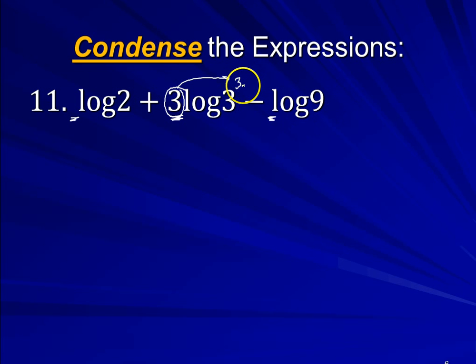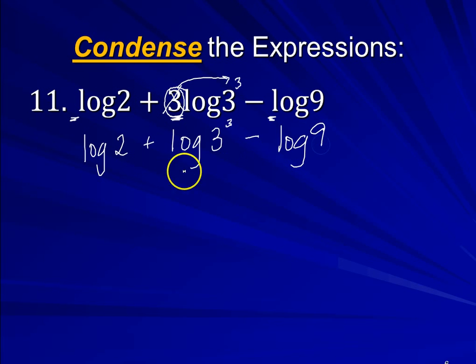So I have to identify where it belongs first, and then I can start combining stuff. So I have log of 2 plus log of 3 cubed minus log of 9. Again, to save space, I'm just going to cross this off and write it right below it. 3 cubed is 3 times 3, which is 9, times 3 is 27.